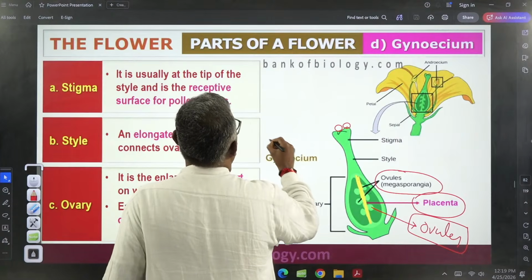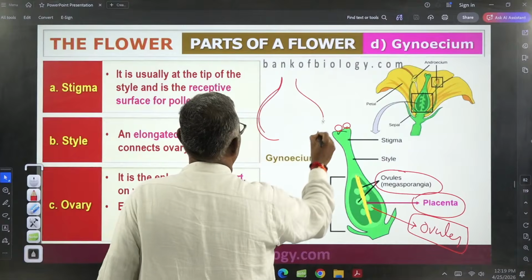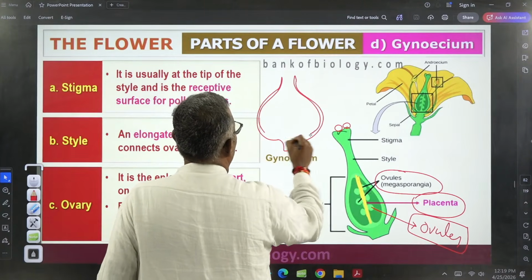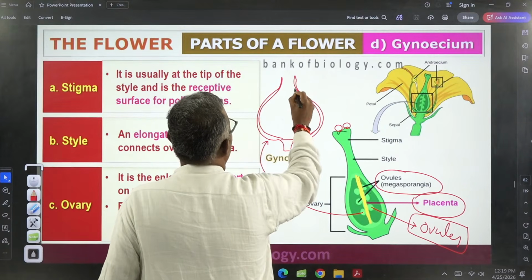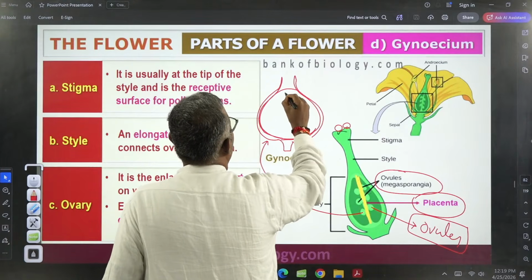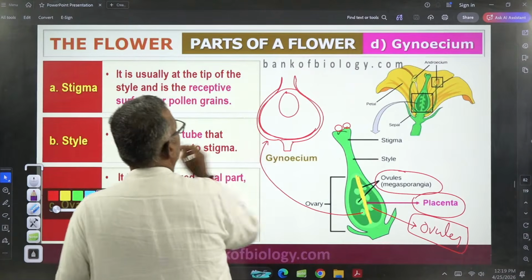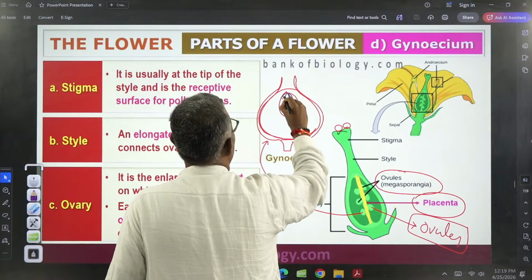Say, for example, if you think that this is an ovule, I am enlarging this segment like this. This is ovule. Now here there is an embryo sac, and inside the embryo sac there is egg.